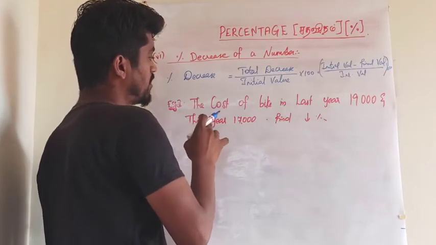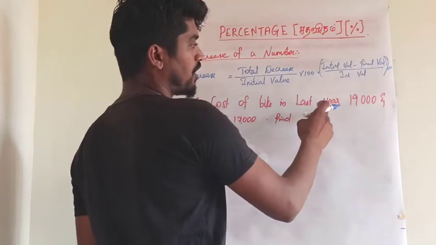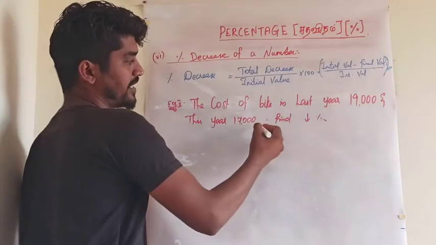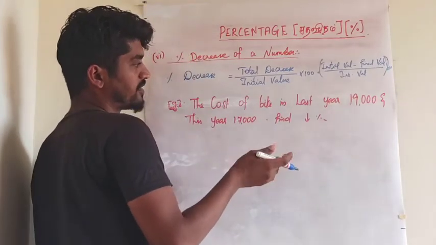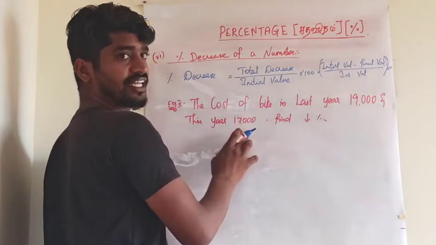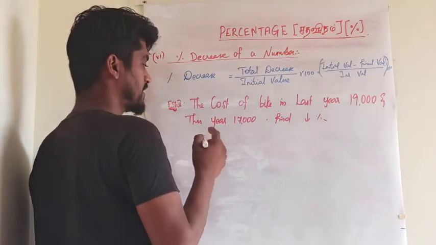For example, the cost of a bike last year is 19,000 and this year is 17,000. Find the percentage of decrease. Compared with last year, the rate of the bike has decreased.